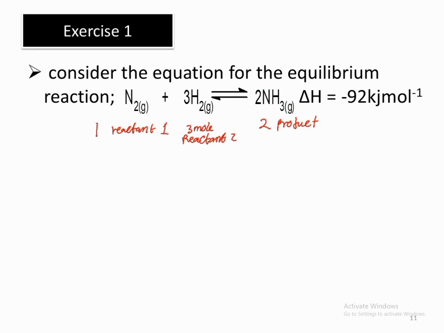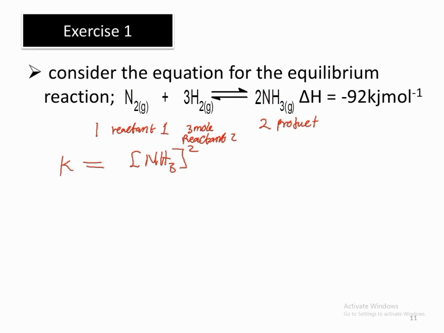Now we know this, we can easily write the equilibrium constant without getting confused. Remember, to write the equilibrium expression, the equilibrium constant K is equal to the concentration of product, and what's the product here? Ammonia. What's the mole?